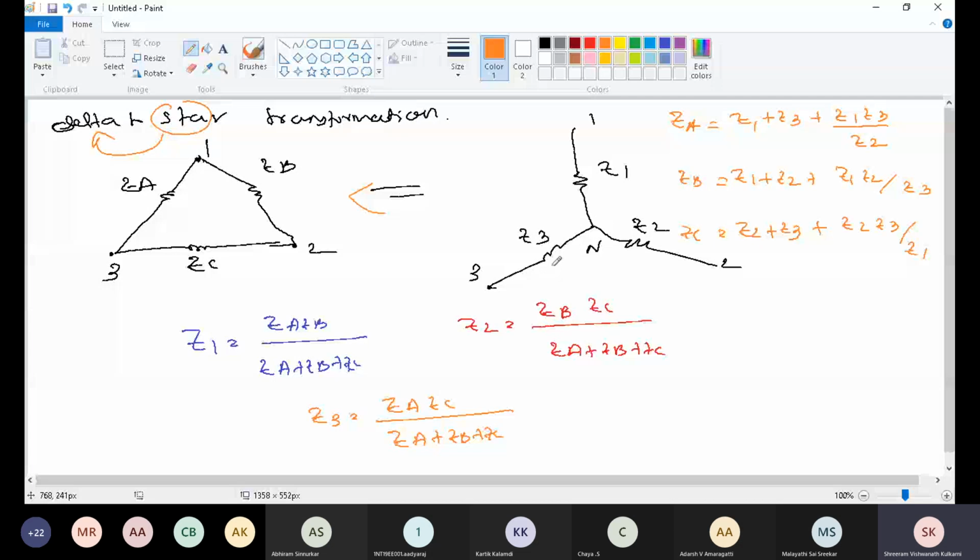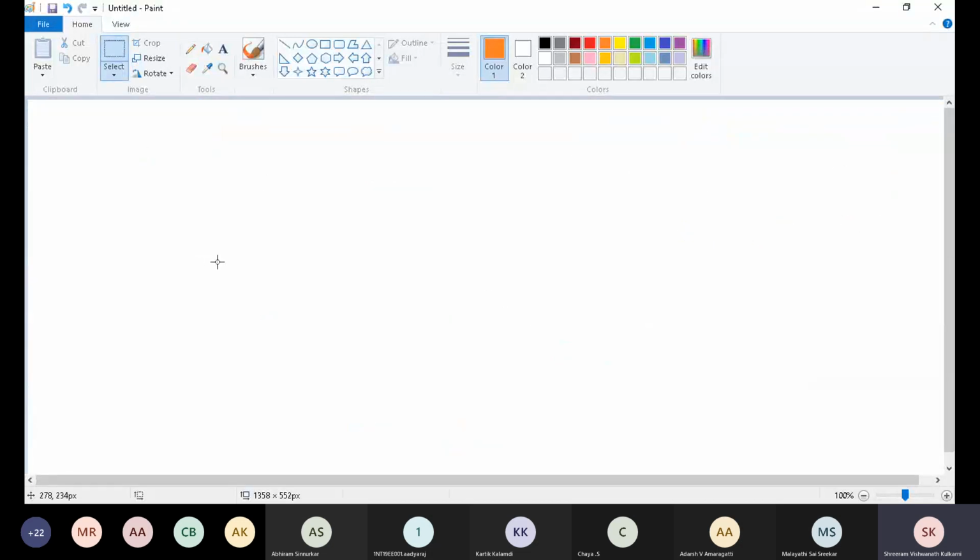Okay, now we'll see a problem quickly on this for an unbalanced load. If the load is unbalanced, how are we going to solve the problem with Millman's?